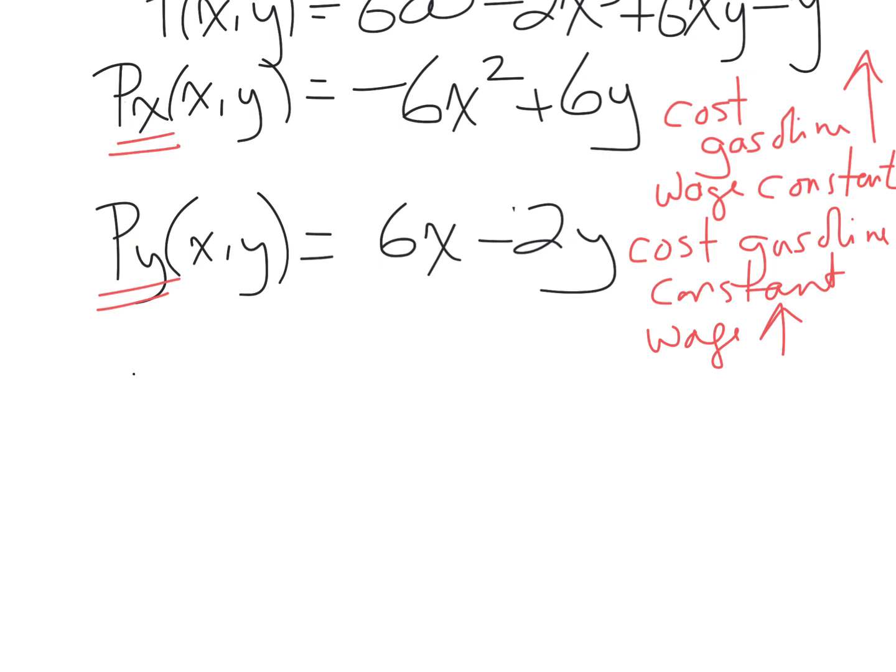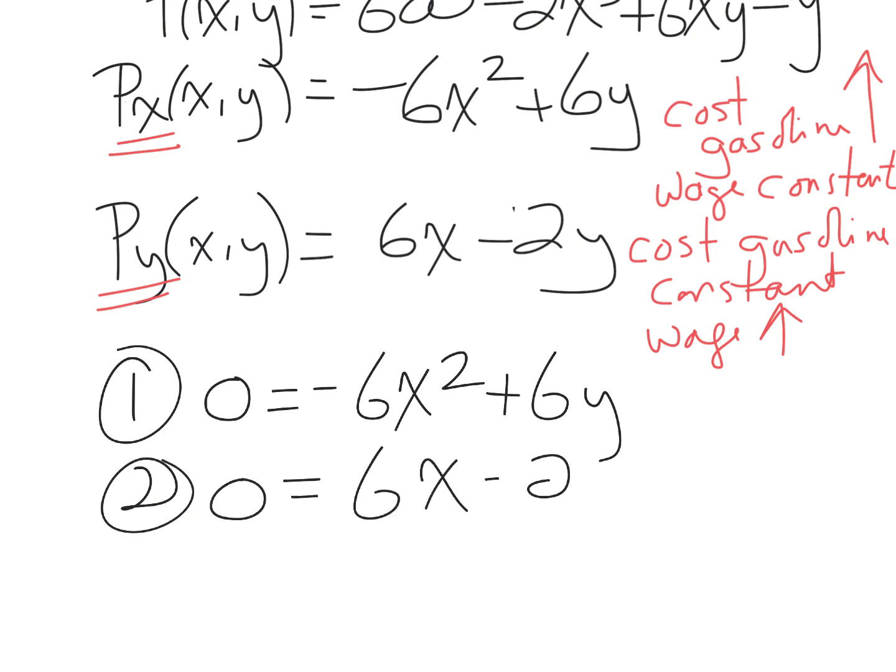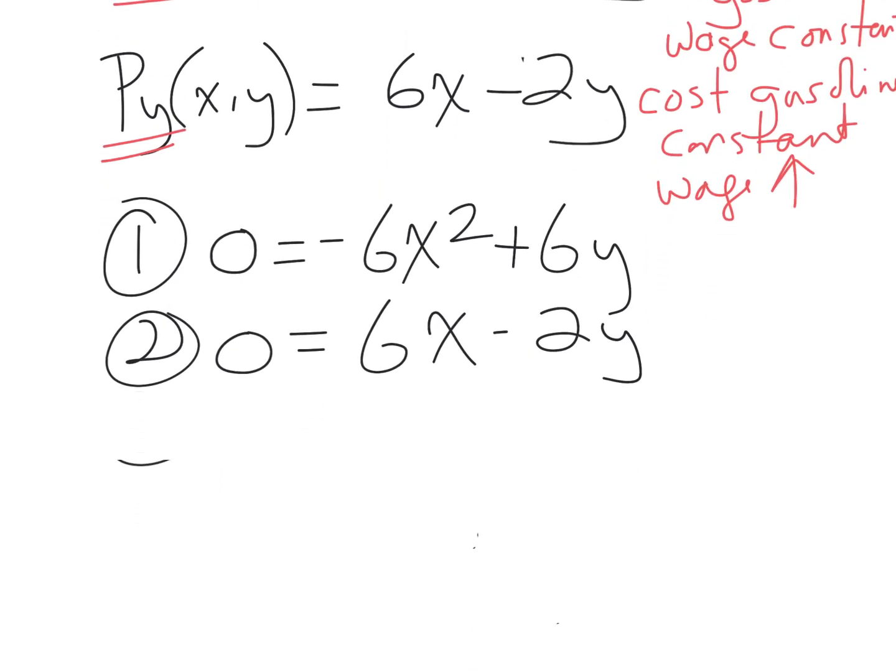Let's set up these two equations. Remember, we're setting our two partial derivatives equal to 0. Generally when we looked at two equations and two unknowns, they were both linear equations, remember that in week 3 or 4?